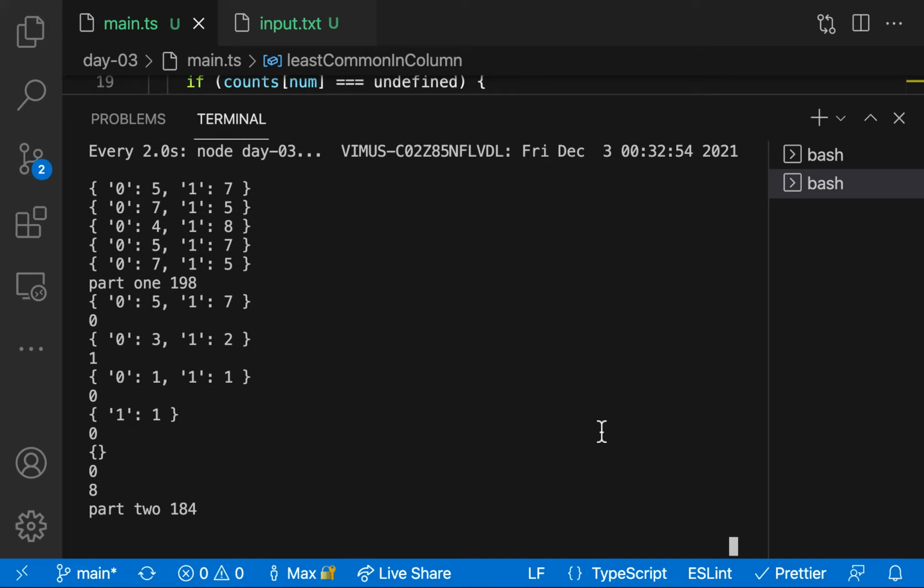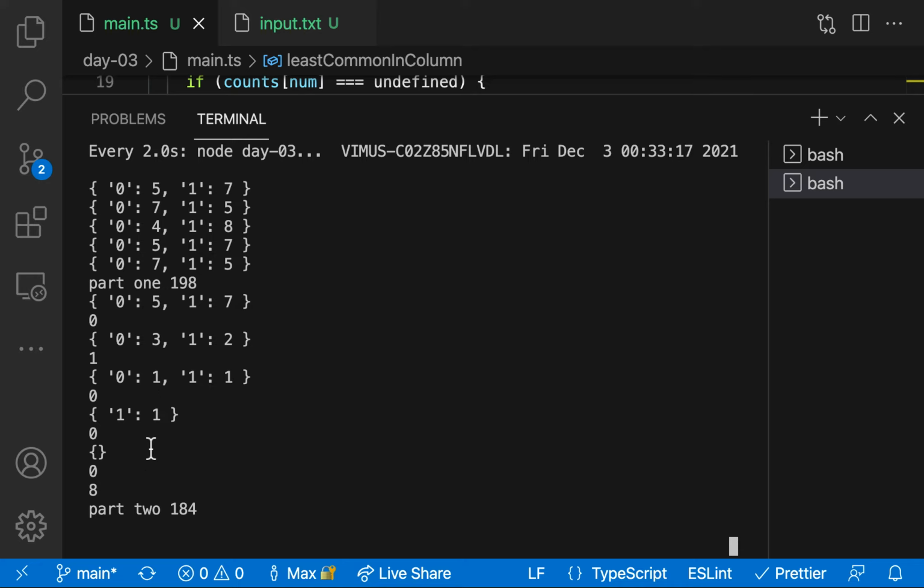Okay, so we've got 1, 2, 3, 4. That's weird. It's just an empty object at the end. Right, so we can see in this count there's less zeros, and so it prints 0. This count there's less 2, so it prints 1. Equal, it prints 0.